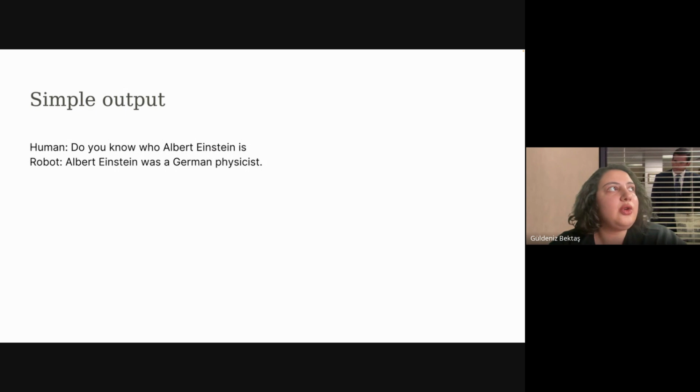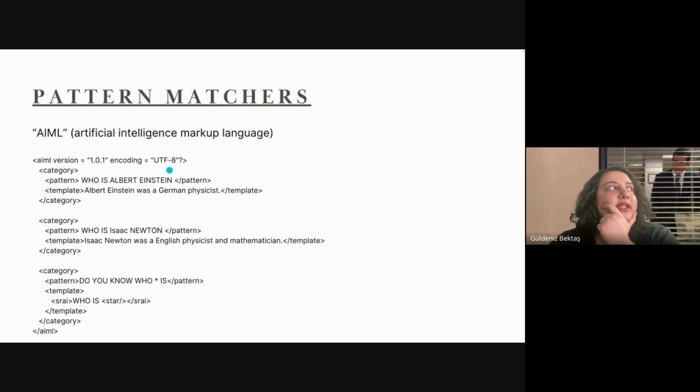You see, do you know who Albert Einstein is? The robot's answer is that Albert Einstein was a German scientist. And as you can see, there is a pattern in our AIML saying who is Albert Einstein, and the answer is Albert Einstein was a German physicist.